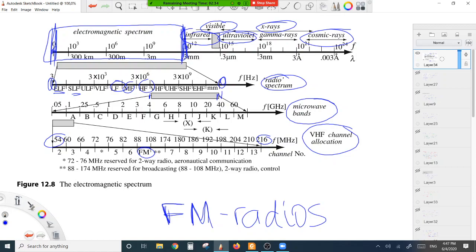The allowed band for this kind of radio broadcasting is from 3.5 up to 4 megahertz, for example. This is by convention.